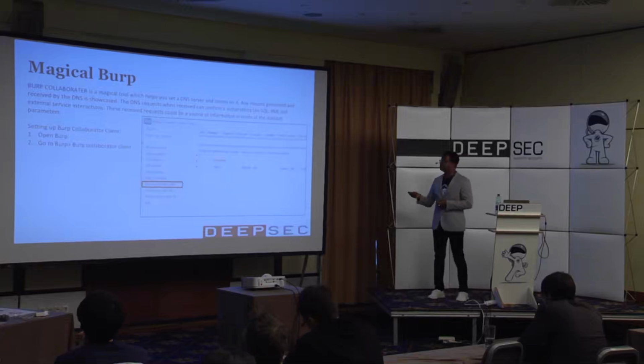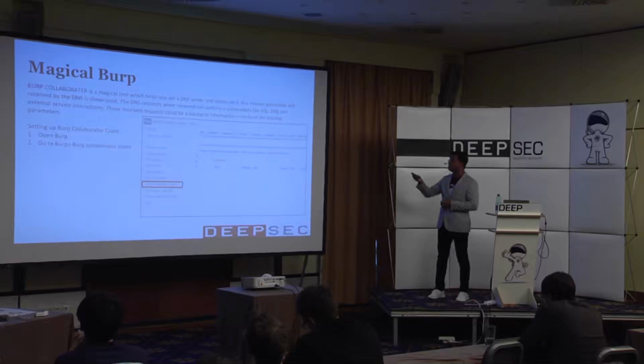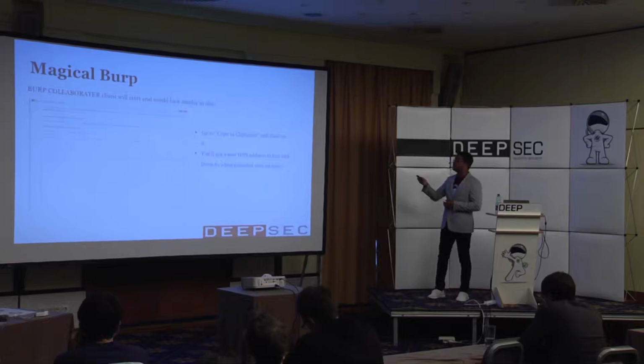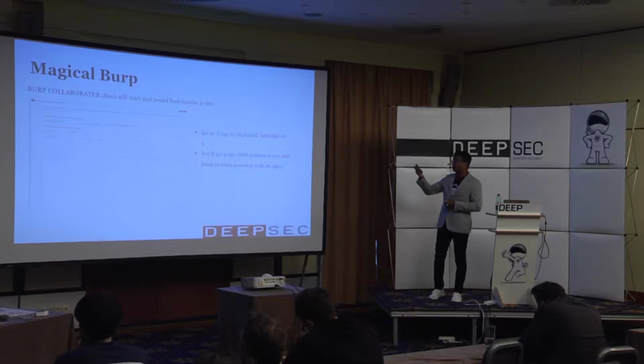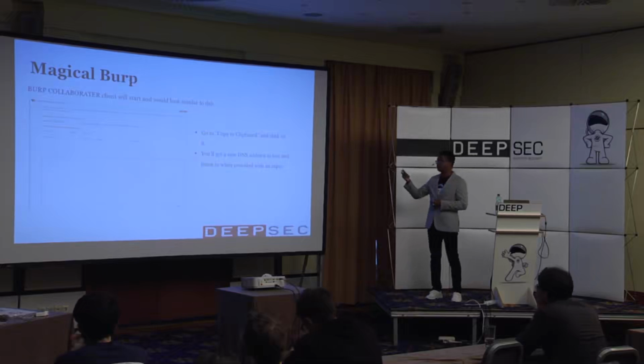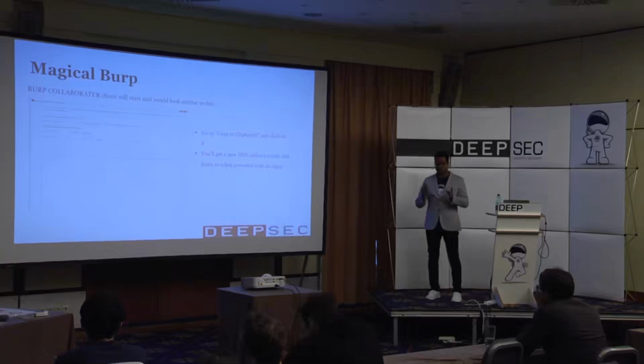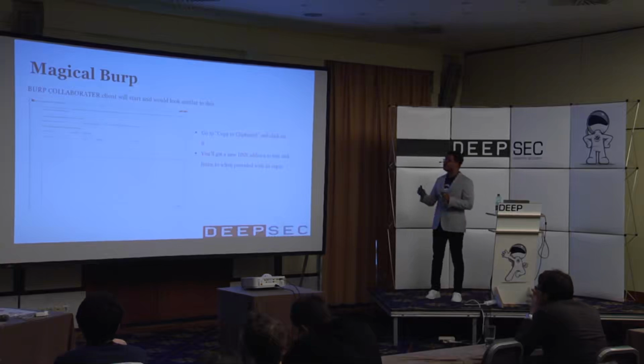You just go to Burp, there's this Burp Collaborator client option, and you can just open it, and it already sets up a DNS network for you, and you just copy whatever subdomain it brings for you, and then you can use it to retrieve data.